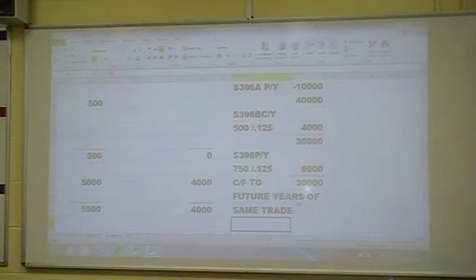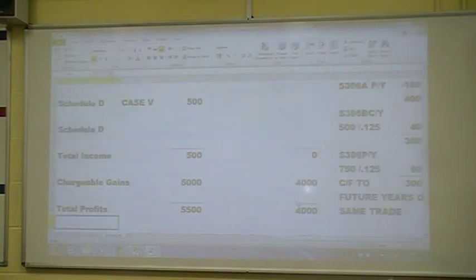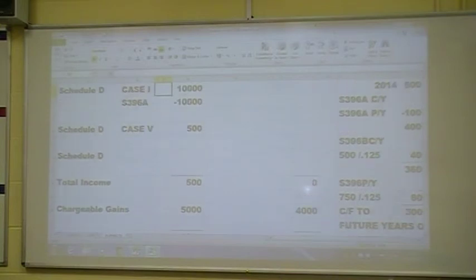Okay, and they come up. So we've done our tax computation here, where you split it up into total income, chargeable gains, total profits. Your trade charges will come off up here on top, so we'd have a trade charge inside here under our case 1.